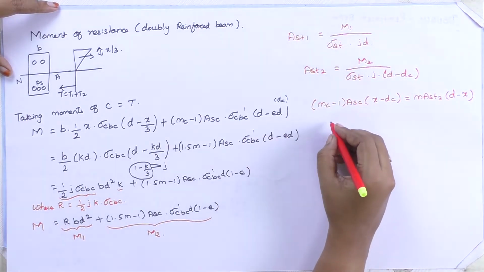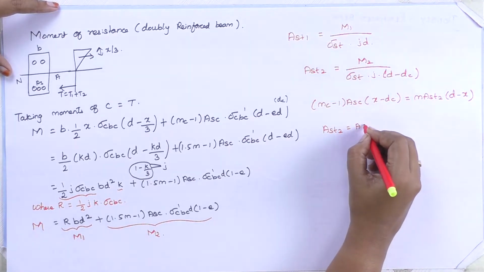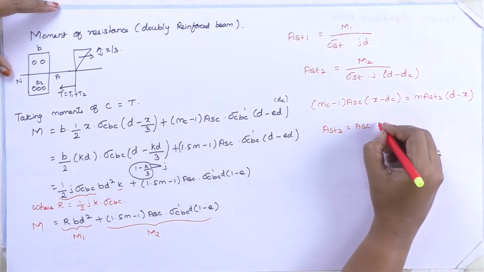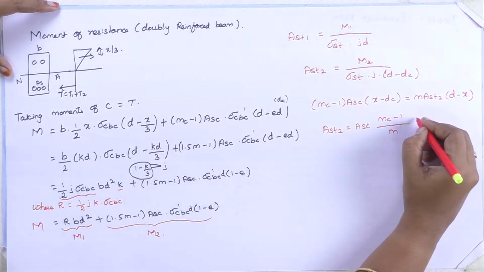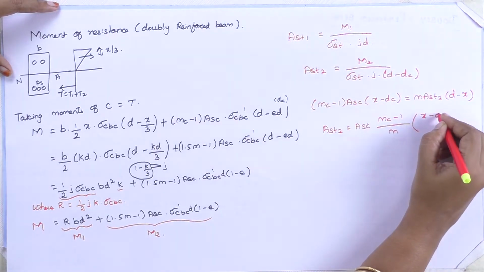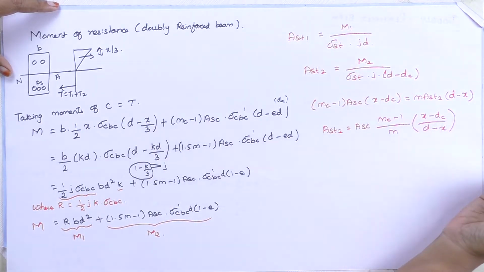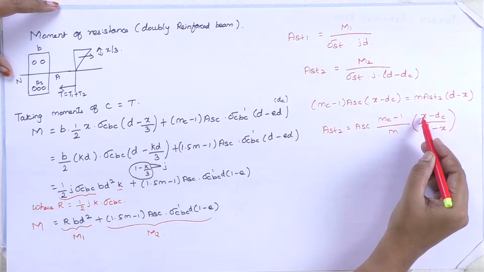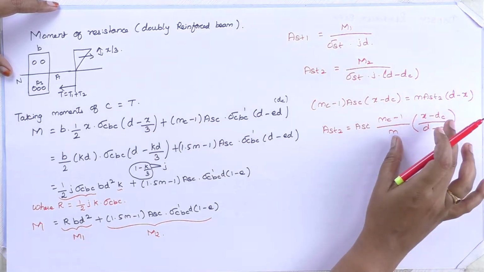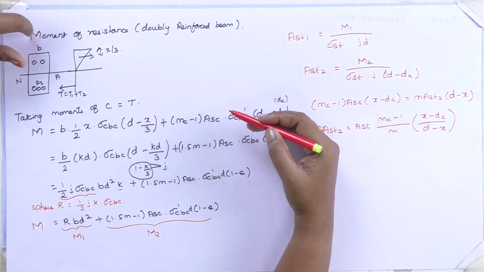From this also we can calculate AST2 is equal to ASC into (mC minus 1) divided by m, into (x minus dC) divided by (d minus x). You can write it in this form also. Also you can substitute the x value directly if it is known, or else you can calculate it from k into d. This is the methodology to calculate the area of steel and moment of resistance for doubly reinforced sections.